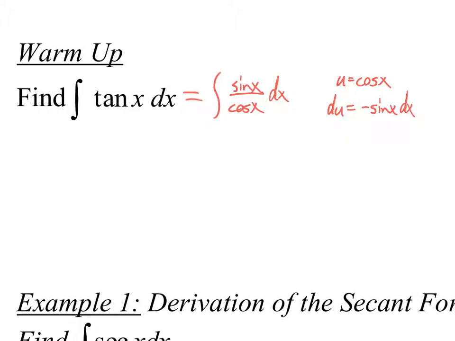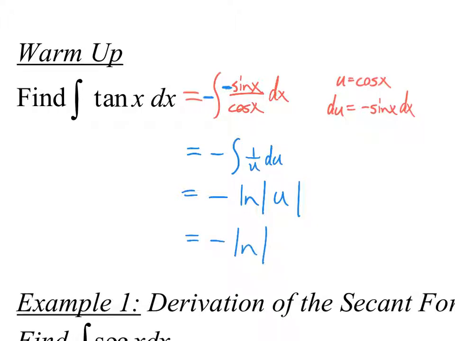Alright, so all we're missing here is the negative. So I put a negative on the inside and the outside to cancel each other out. And now I've got negative integral of 1 over u du. And you know that that's then negative ln absolute value of u, which is negative ln absolute value of cosine x plus c. And that's how we get there.